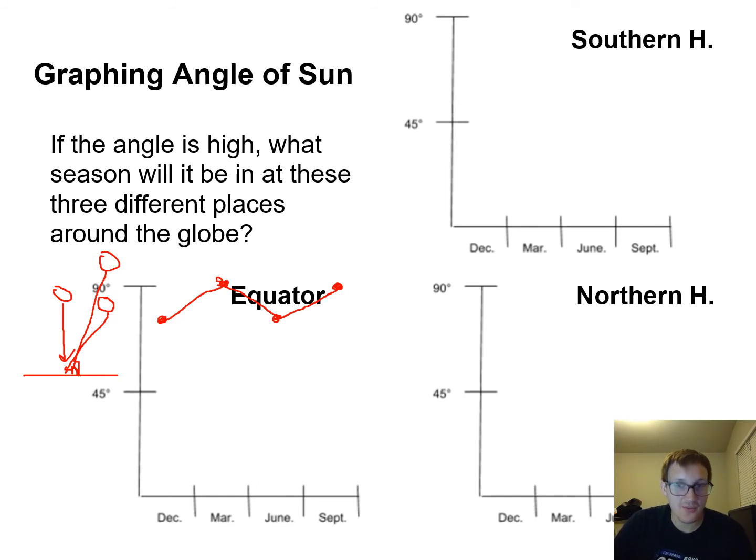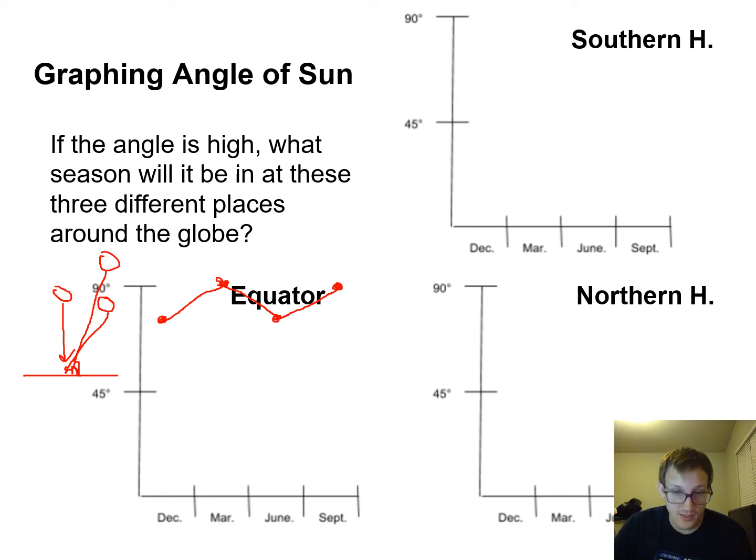Now, for southern hemisphere and northern hemisphere, we would expect these angles to be pretty much exactly opposite. So if you imagine, let's do northern hemisphere actually, because I'm guessing you guys are more familiar with the seasons in northern hemisphere. So the first thing that you need to know, in December, that's when we're in winter.